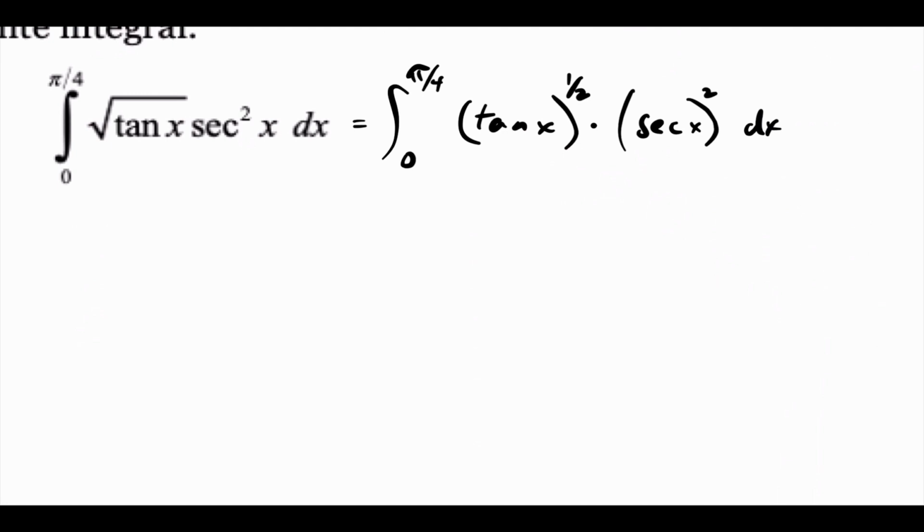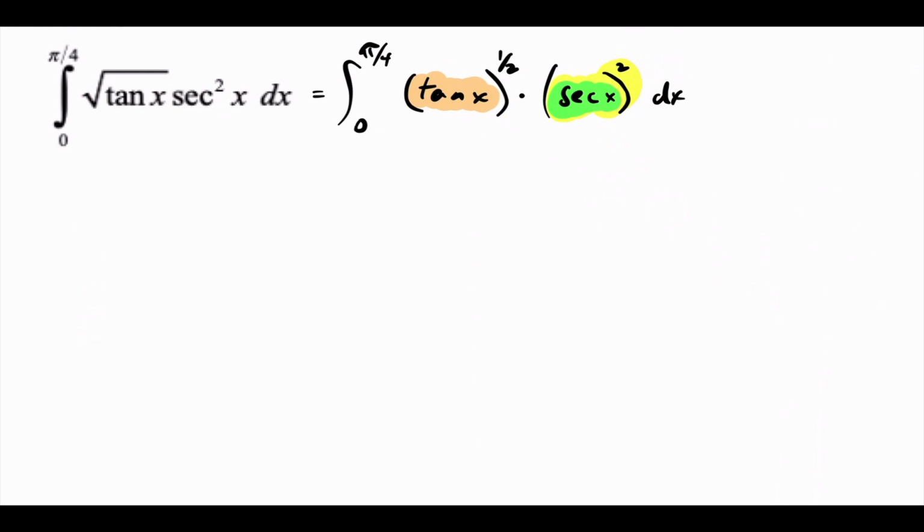So I have three options. I can make tangent u, I can make secant u, or I can make secant squared u. I have 3 options. How do you decide between the 3 of them?